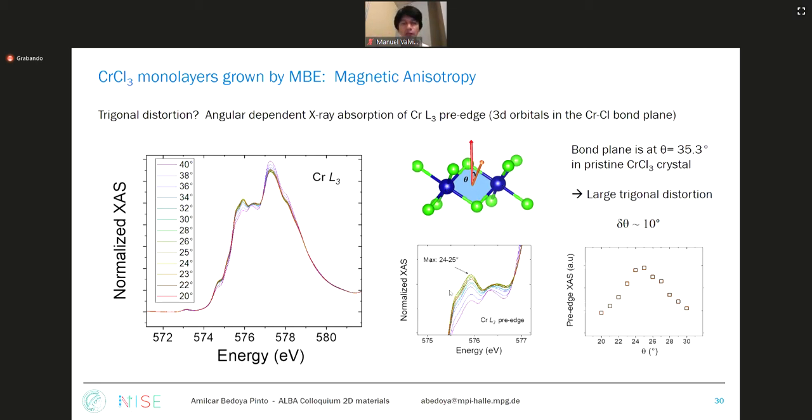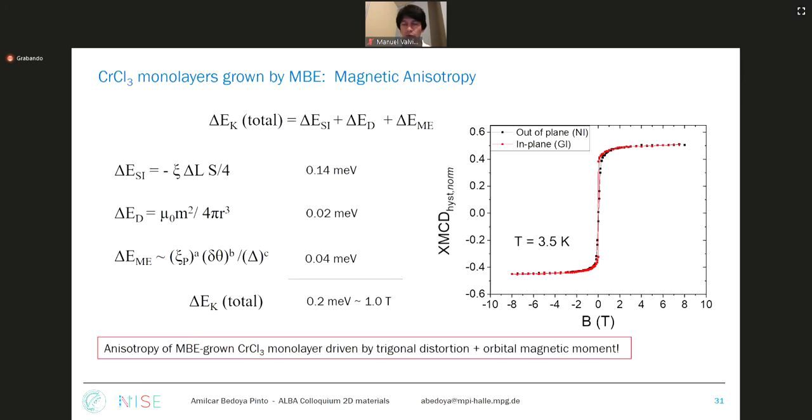You can clearly see the pre-peak at the pre-edge, which is usually the states that hybridize the bonds. And you see that you have a distortion compared to the calculated bond plane angle that is given by theory. So we have also a large trigonal distortion that could be helping us to have the anisotropy in this chromium trichloride monolayer.